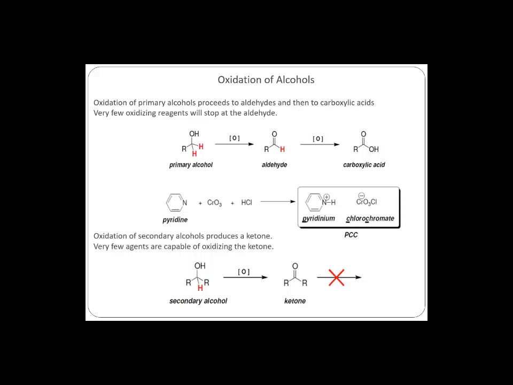And then there's some things that we have to keep in mind. So if you have a primary alcohol, remember we can make an aldehyde and we can reduce it to a primary alcohol. Well, oxidation would just be the opposite. So anything that we talked about with the reducing agents, we can go backwards.